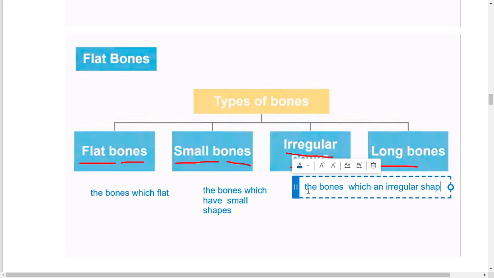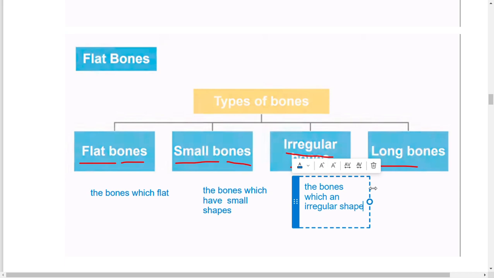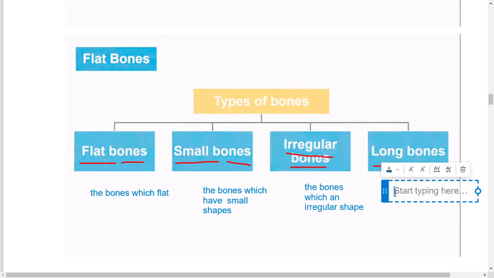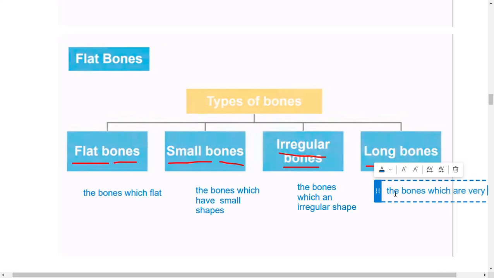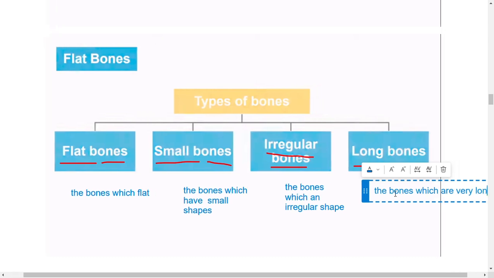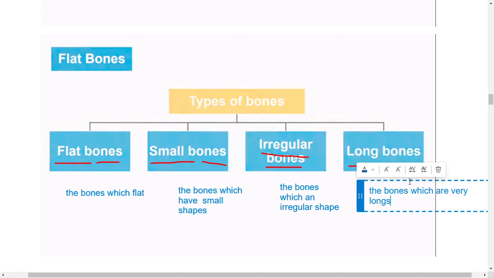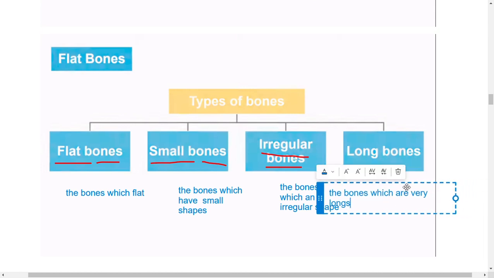Now let's learn about the long bones. Which are those bones? Tell me. Yes, the bones which are very long, which have a very big shape and are more in length, are called long bones.